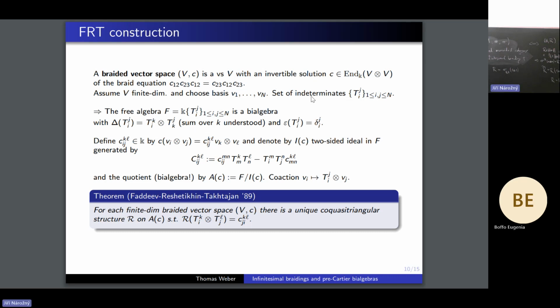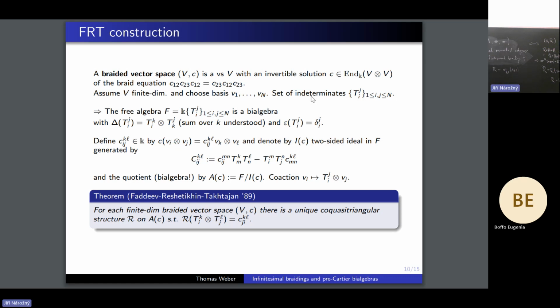Now, since we have this map C, take the coefficients of C. This just means that on this basis, I can expand C like this, and I get some scalars C with four indices.